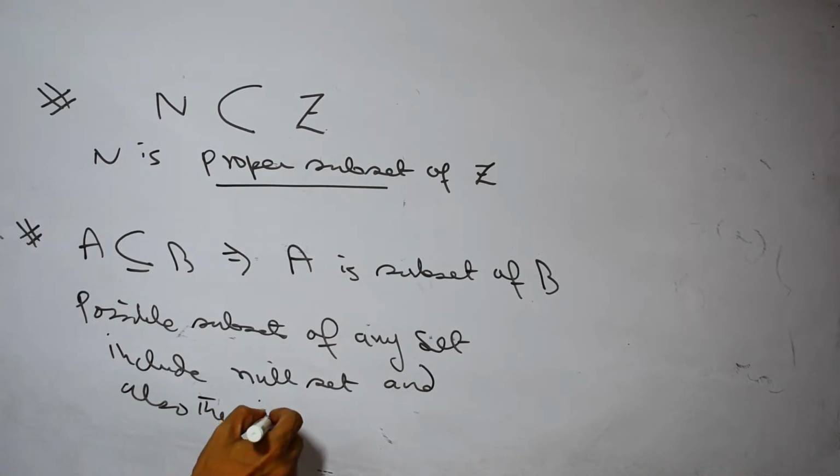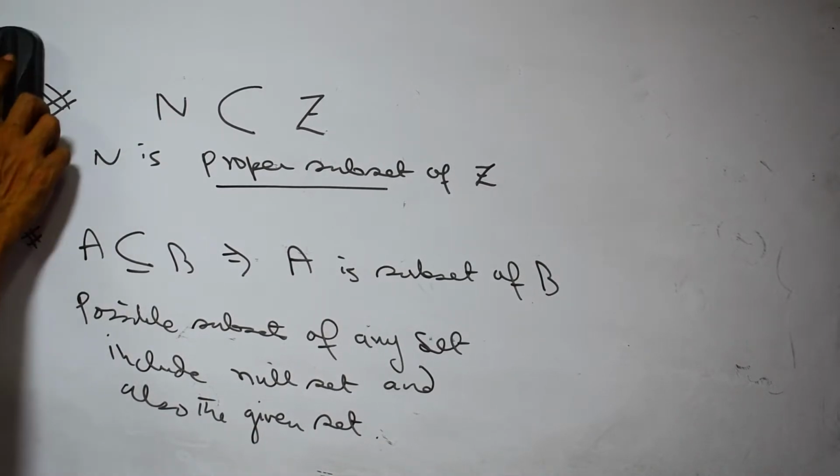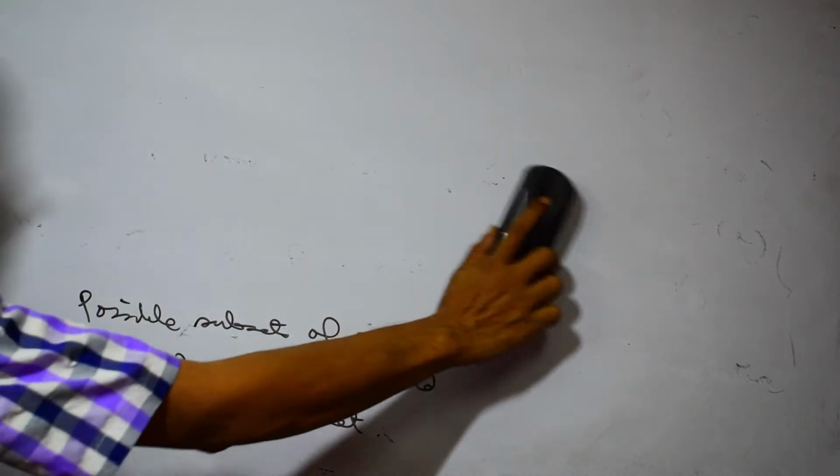That means if a set is given and we are asked to find the possible subsets, we will include the given set as well as the null set.